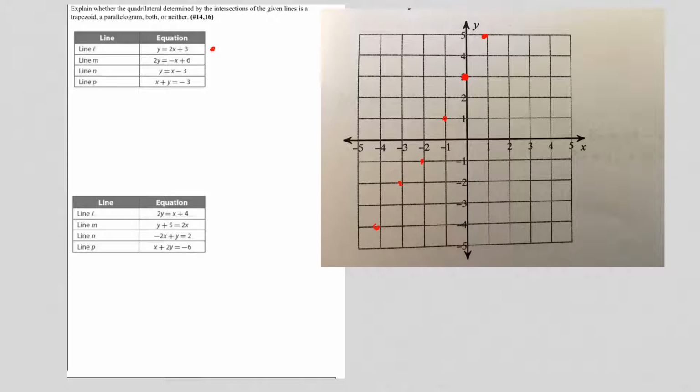Oh, I made a mistake here. Let me fix that. So we got one line here, and that's line L in red. And this one is 2y equals negative x plus 6. So if I have 2y equals negative x plus 6, I have to divide by 2, and that'll give me y is equal to negative 1/2 x plus 1.